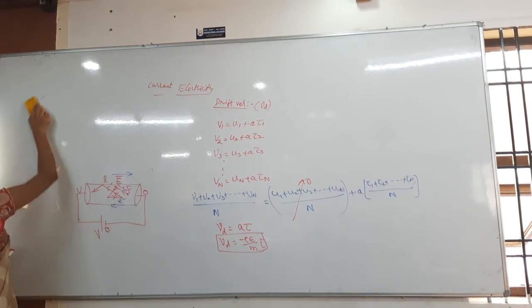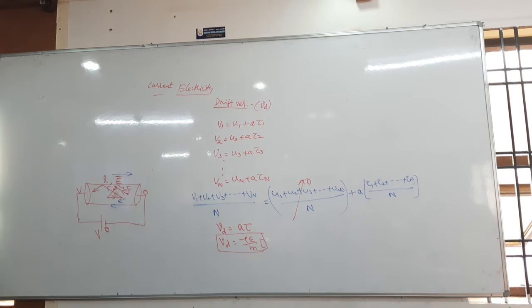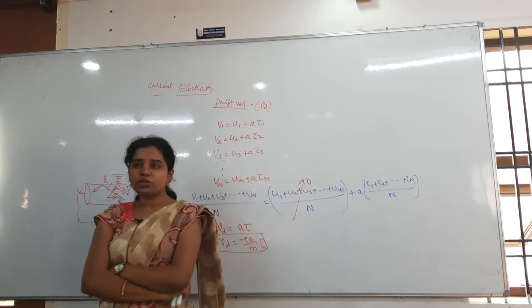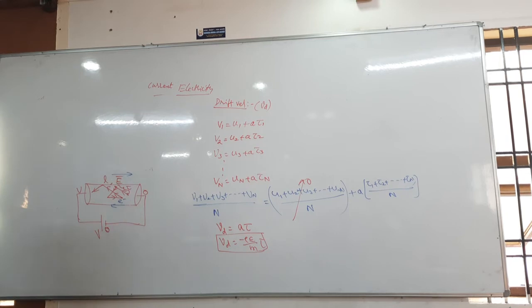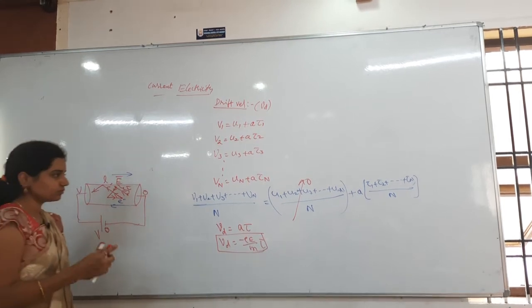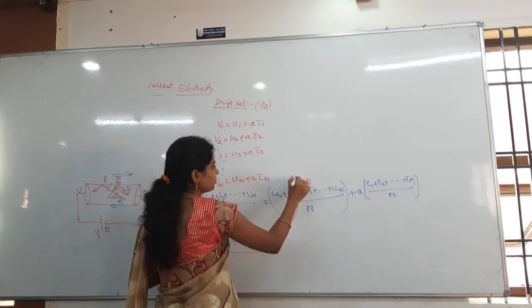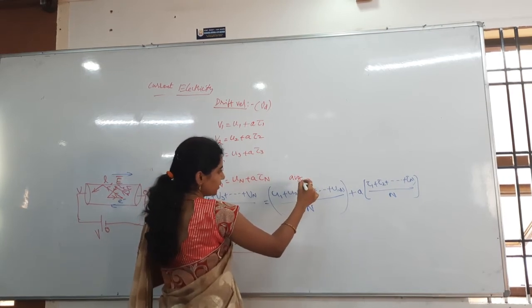The velocity with which all the electrons will be drifted towards the positive terminal of the battery in presence of electric field. Copy that.